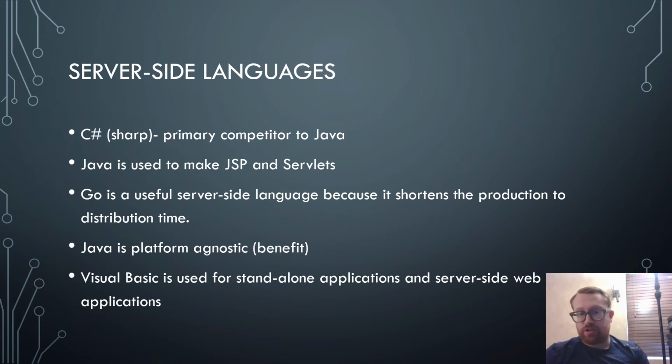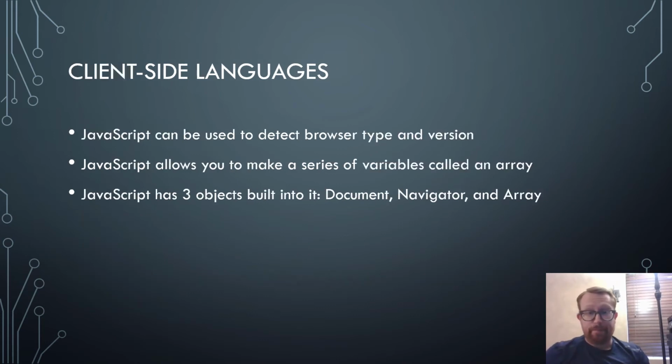It shortens the production time and allows you to quickly create code for your website. Java is platform agnostic, which means it could be used on any platform. This is a benefit. You need to realize that it's a benefit to this. And lastly, Visual Basic is used for standalone applications and server-side web applications. These are all going to be asked on the quiz for this unit.